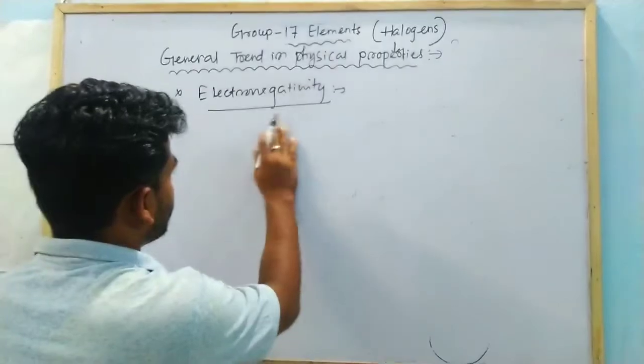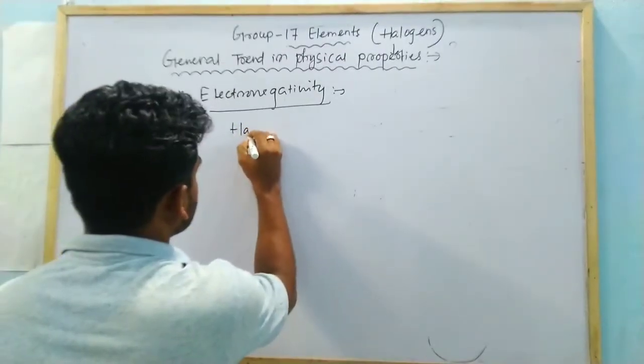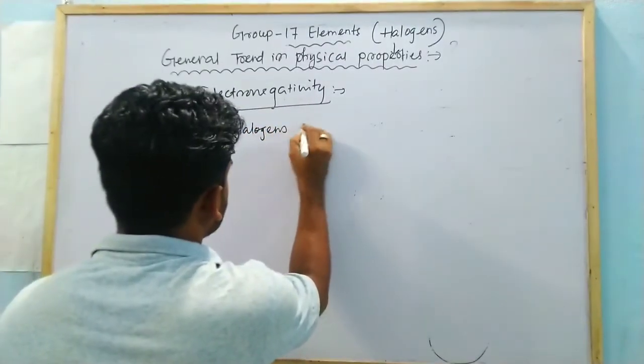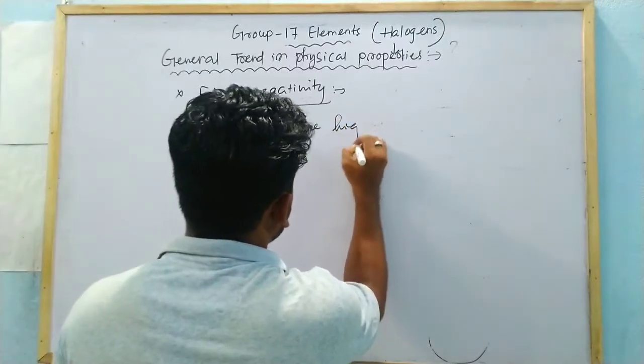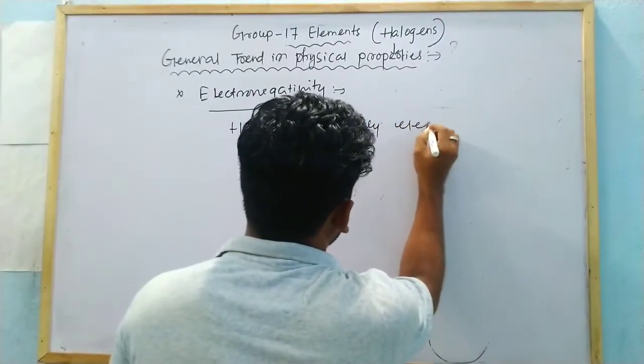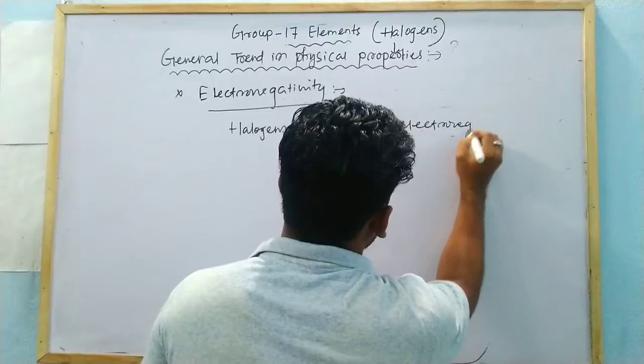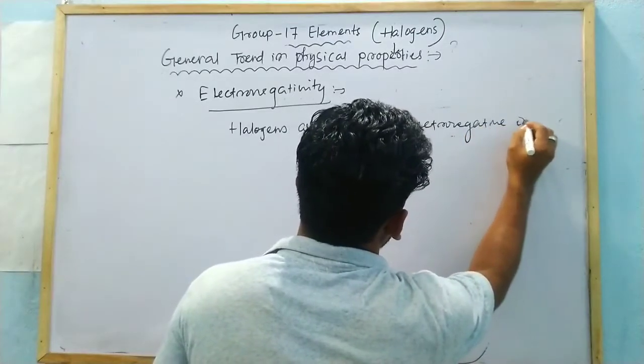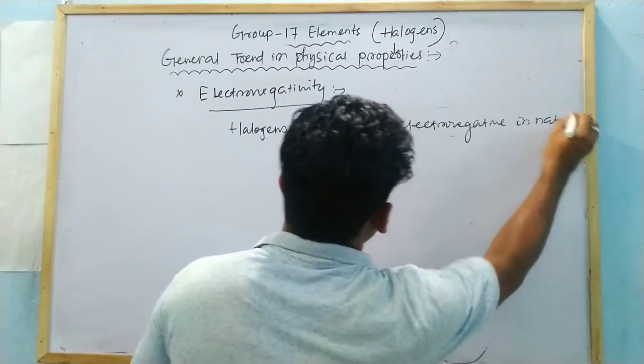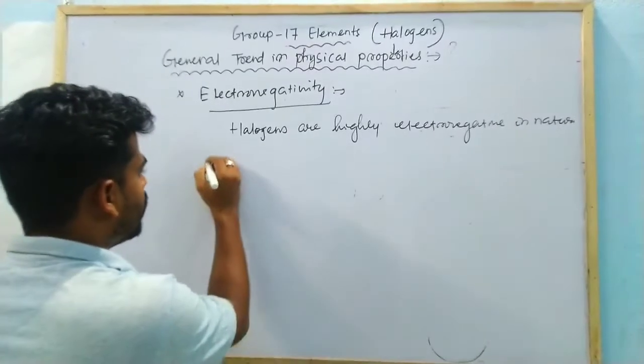So halogens are highly electronegative in nature.